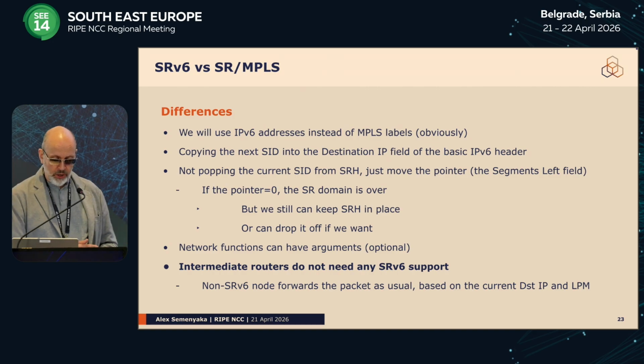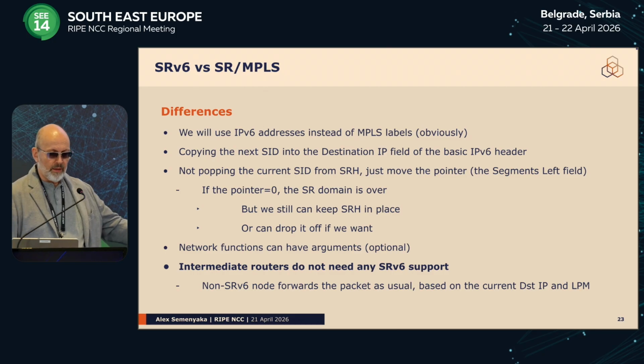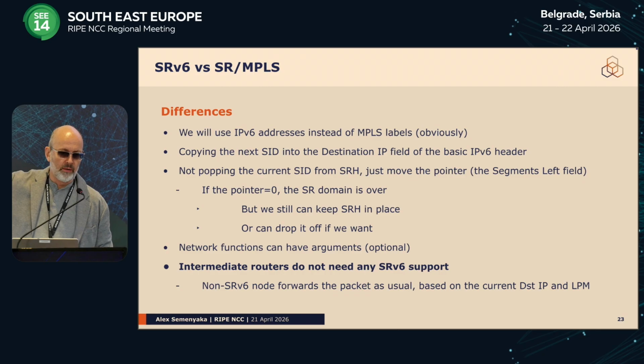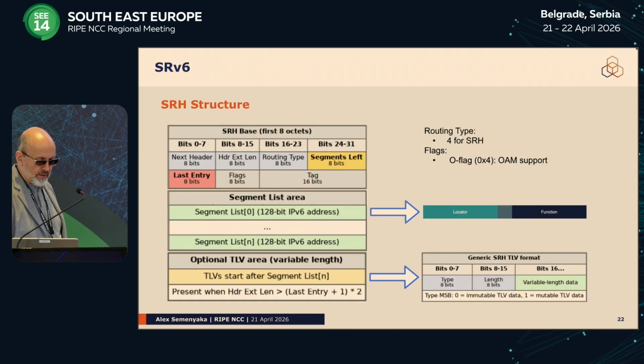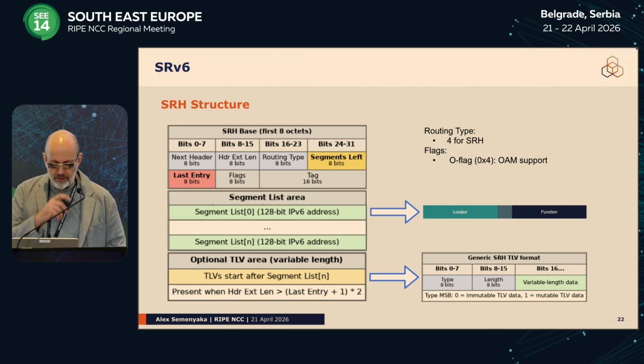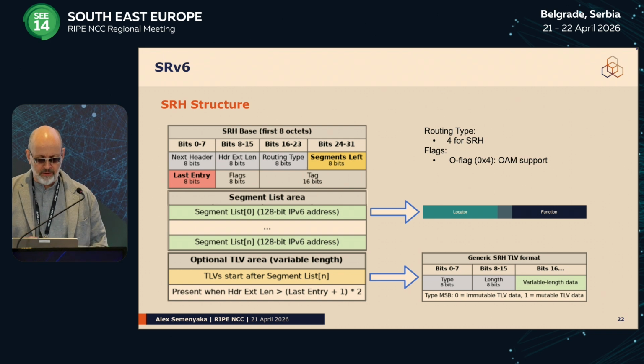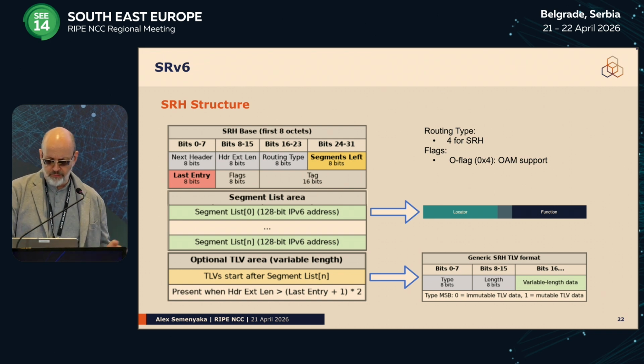And when we change this pointer, we are copying the next segment into the destination IP. So the list of these segments is an explicit list of IP addresses to pass through, with IP addresses having a specific meaning, like function and everything.